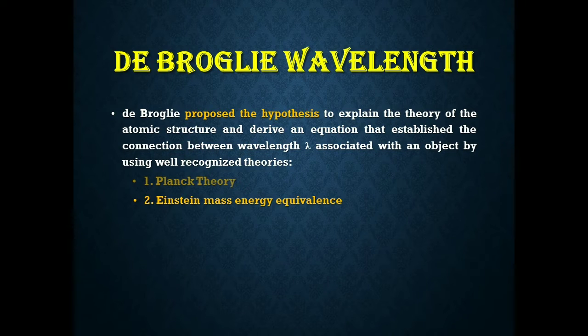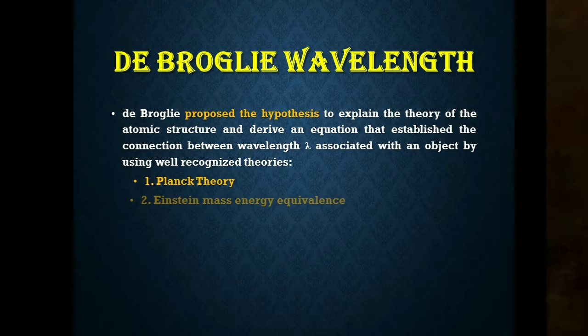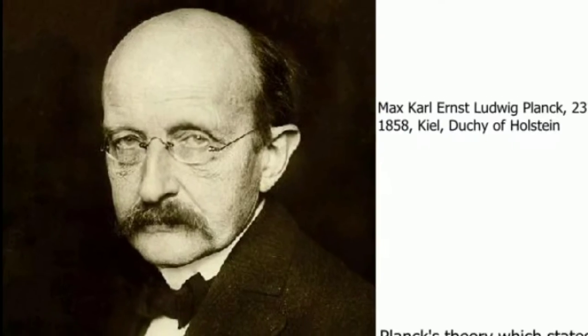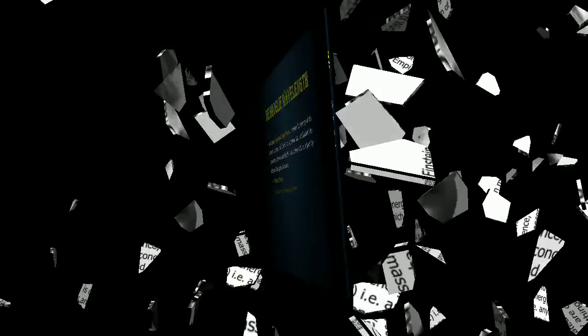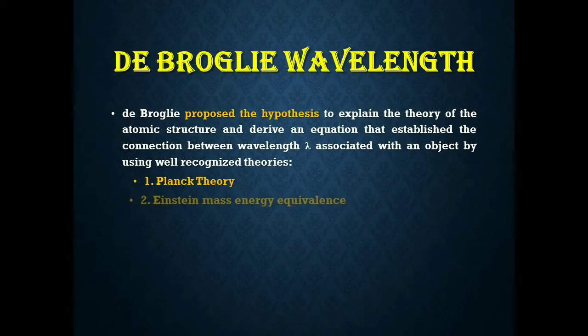De Broglie took two well-known theories to explain his hypothesis. The two theories were Planck's theory and the Einstein mass energy equivalence. He combined those two theories.